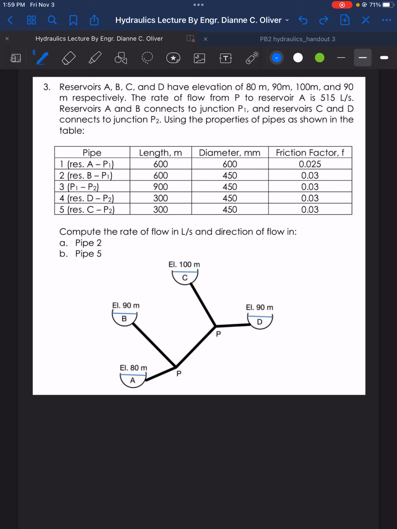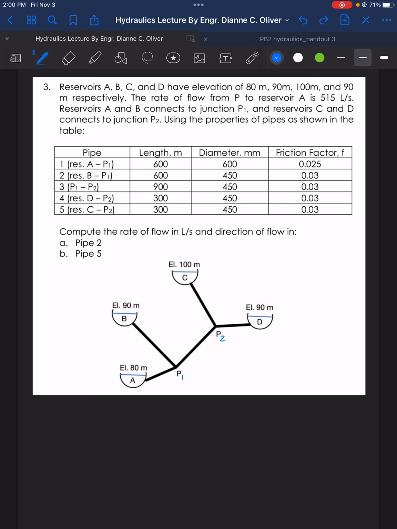The rate of flow from P to reservoir A is 515 liters per second. Reservoirs A and B connect to junction P1, so the P mentioned here is actually the P1. And reservoirs C and D connect to junction P2. So there are 2 junctions. That's why it looks like this.